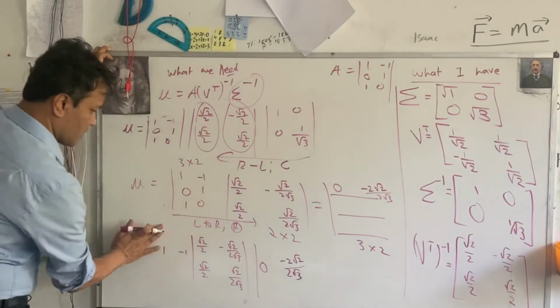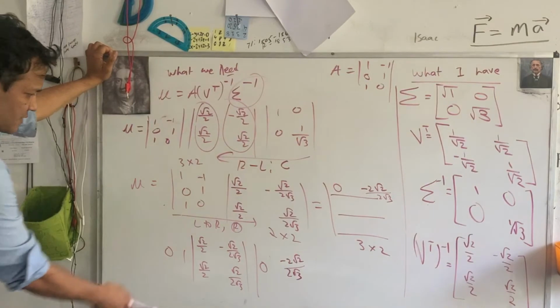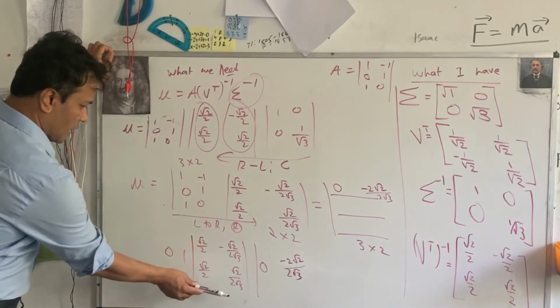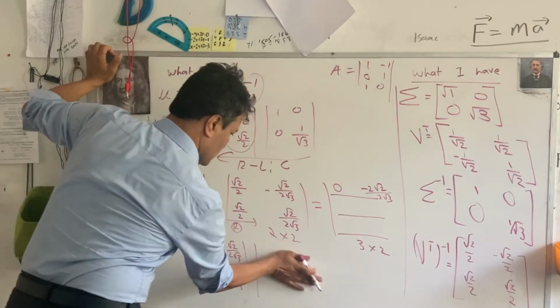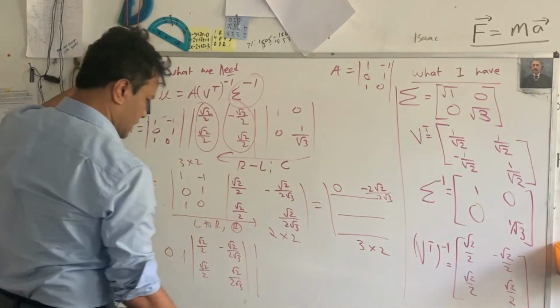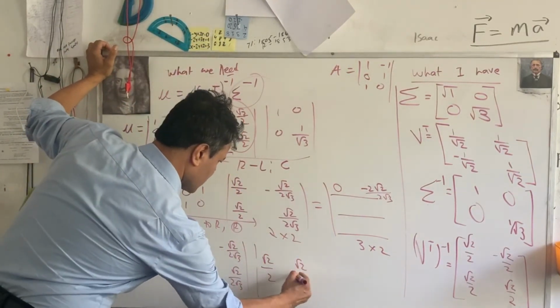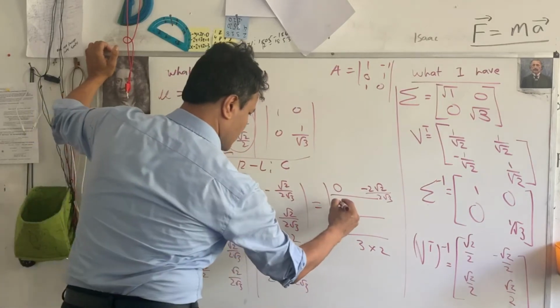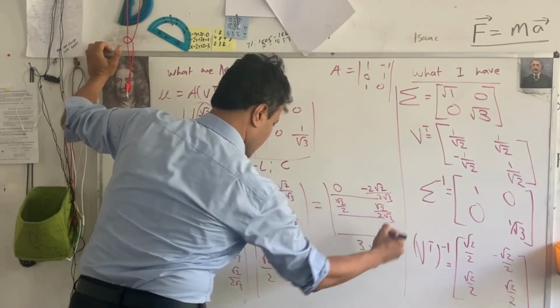Now 0, 1, 0, 1, so we need 0 of the first row and 1 of the second row. Now it has become easy. 0 of the first row and 1 of the second row gives square root of 2 over 2, and square root of 2 over 2 square root of 3.